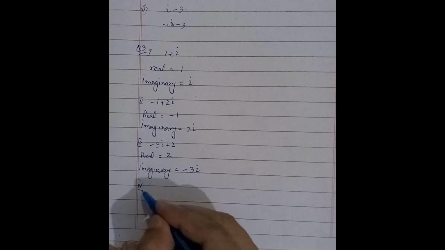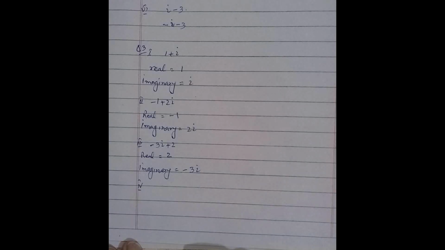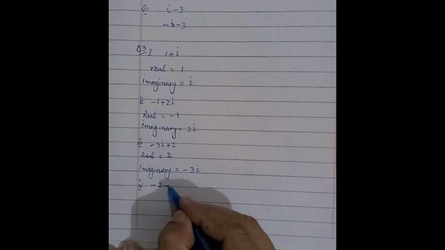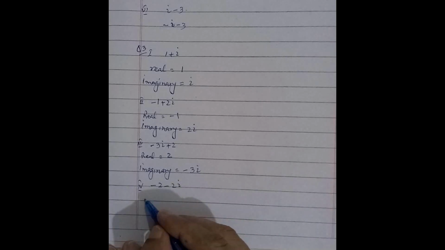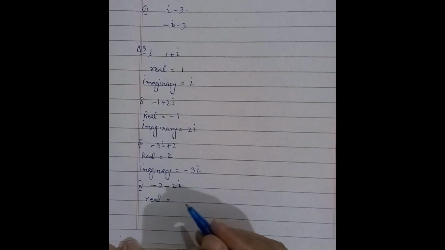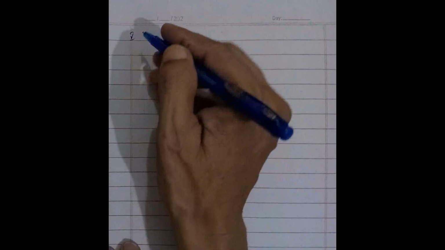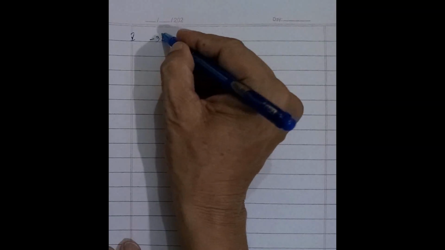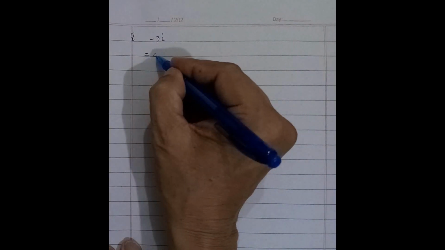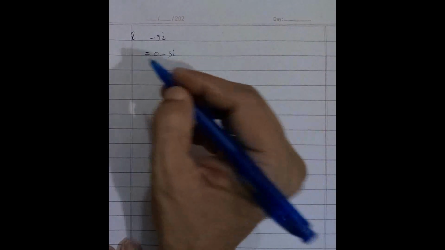And the next is fourth, which is minus 2 minus 2 iota. The real part is minus 2, and the imaginary part is minus 2 iota. The fifth is minus 3 iota, and we write it also as 0 minus 3 iota.